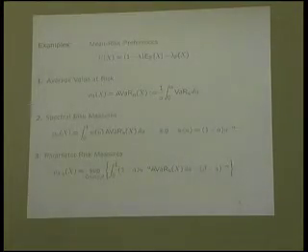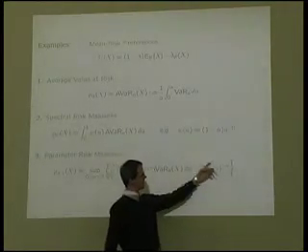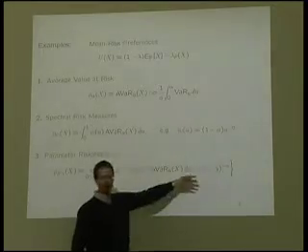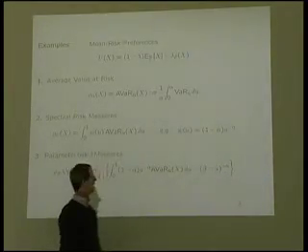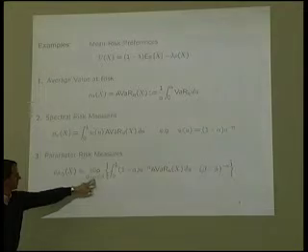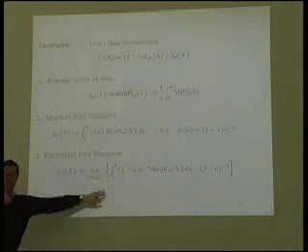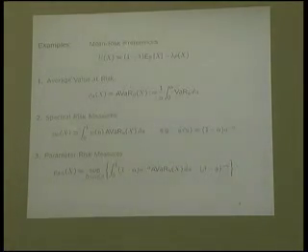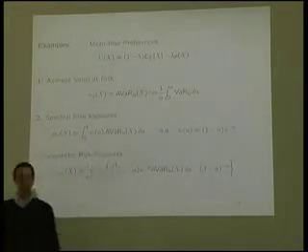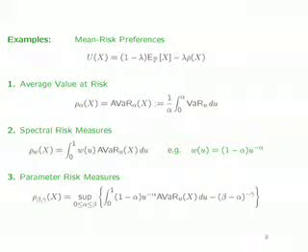Then I penalize these with this power function depending on alpha, and I take the sup for alpha between 0 and beta. That's just the sup of different weighted average value at risks. So this still will be monotone, convex, and so on, but it will not scale anymore because it's the sup. It will not be positively homogeneous.